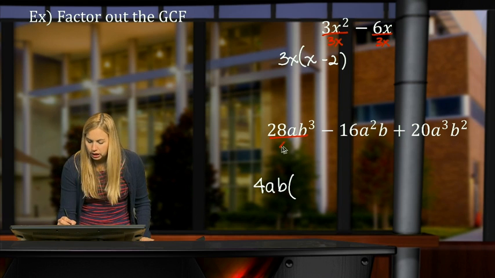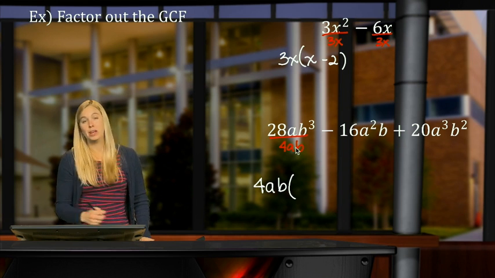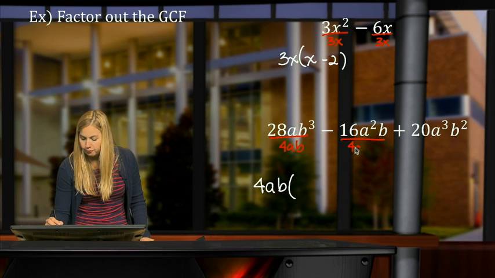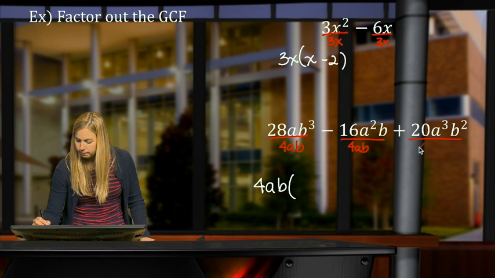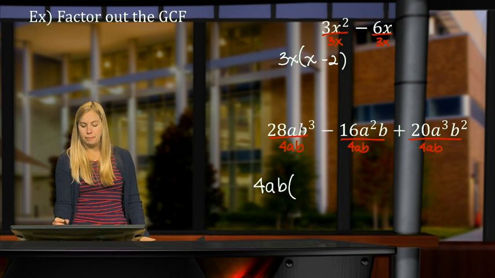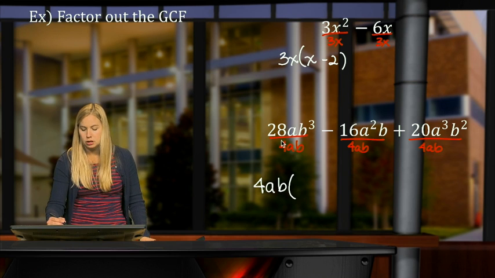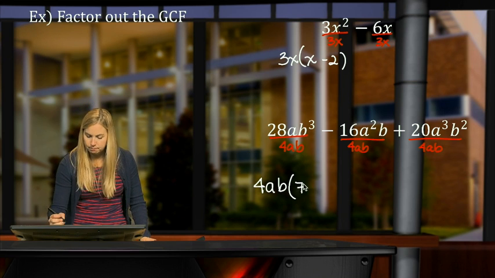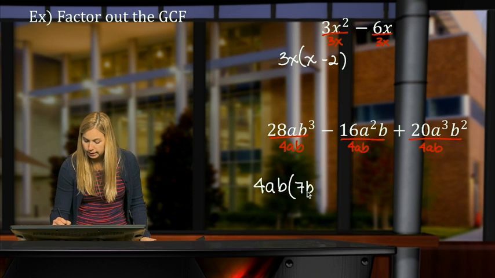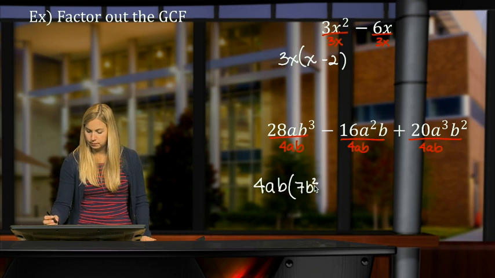To see clearly what we will get when we factor the 4ab out, we can divide all of our terms by that 4ab. 28ab cubed divided by 4ab. 28 over 4 is 7. A divided by a is 1. B cubed divided by b is b squared.